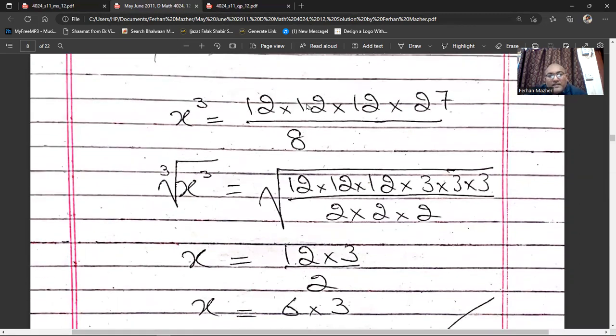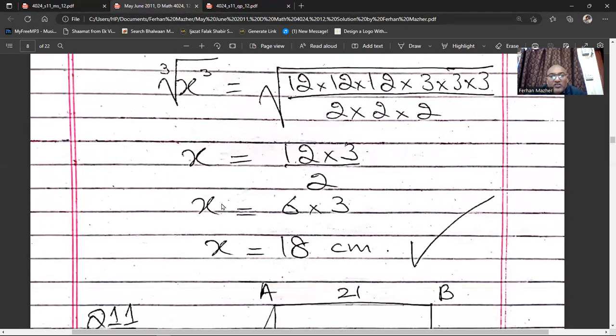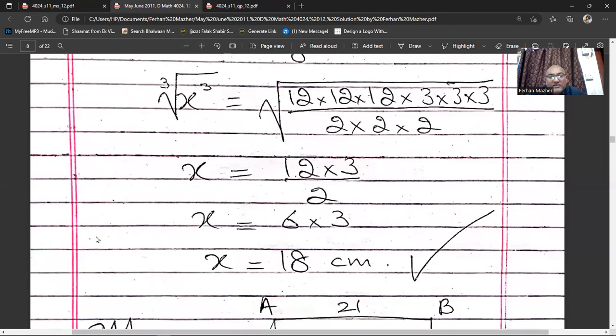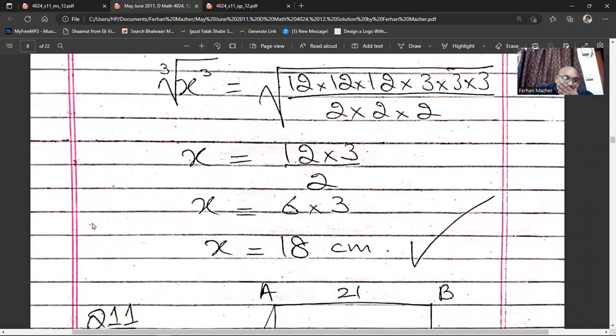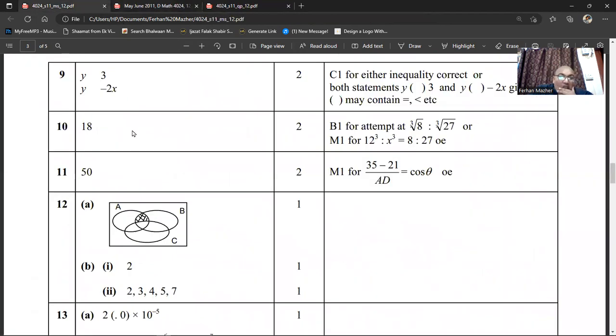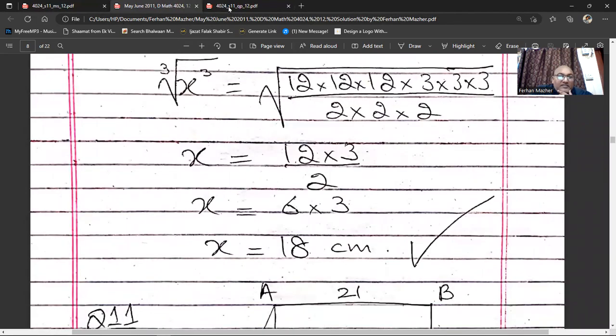So it will be 12 into 12 into 12 into 27 divided by 8. Take the cube root on both sides. So you are left with 6 into 3, and that will be 18 centimeters. Eighteen centimeters is the right answer.